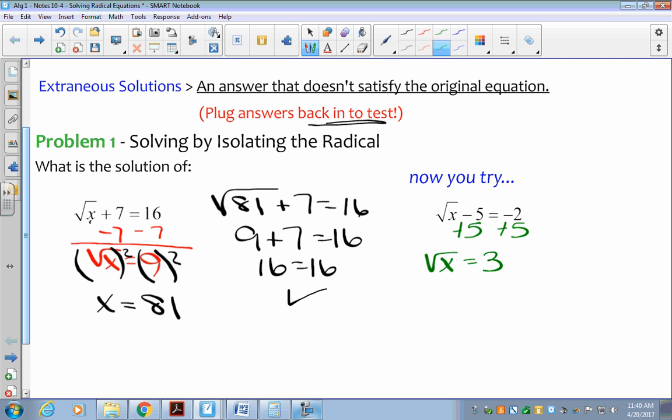Evan, okay. Brandon, how am I going to get x by itself without a square root? We squared it. Awesome. And x is equal to 9. Okay, we need to plug that back in.